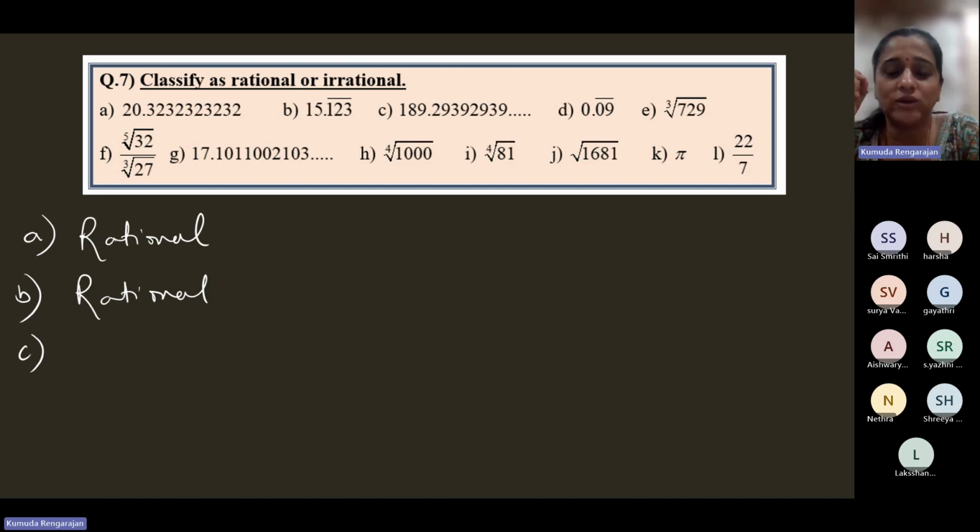Yes, ma'am. 2939, again 2939. It's repeating, no? The dots say that it is non-terminating. But when you look at the decimal part, we see the digits 2939, again 2939. Repeating. Non-terminating, repeating decimal. So it is a rational number.